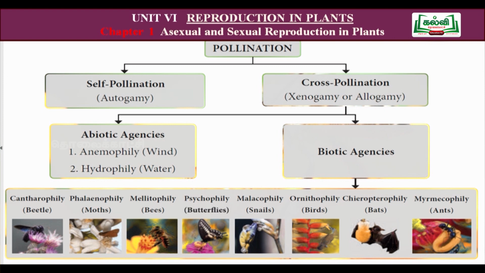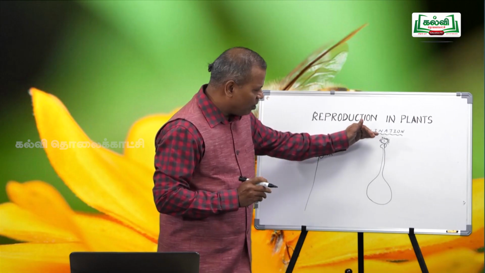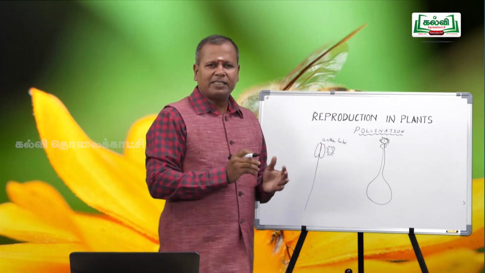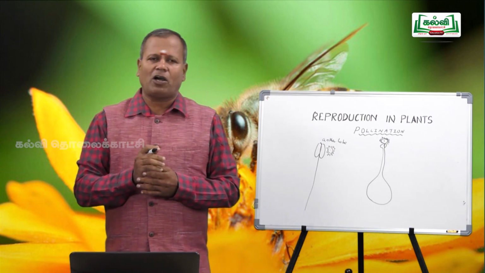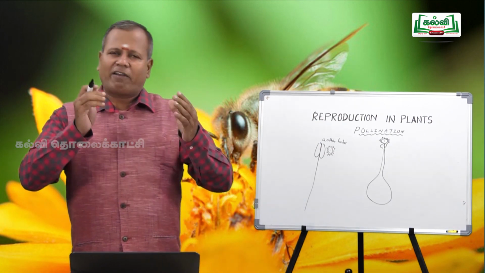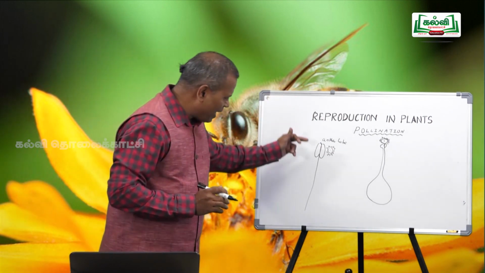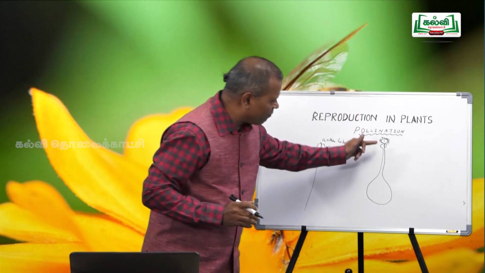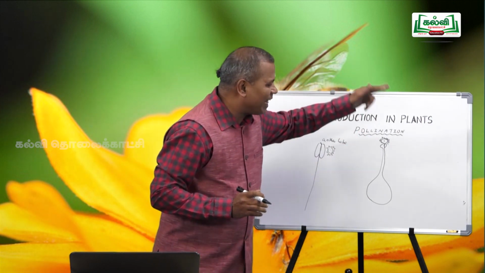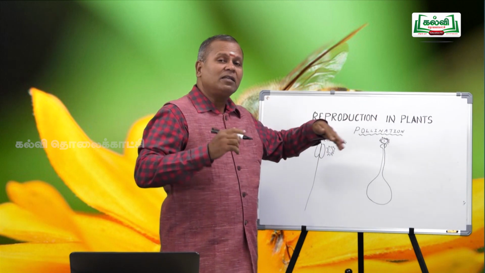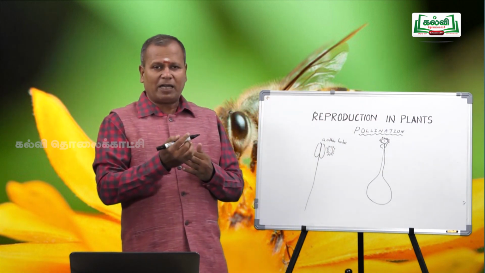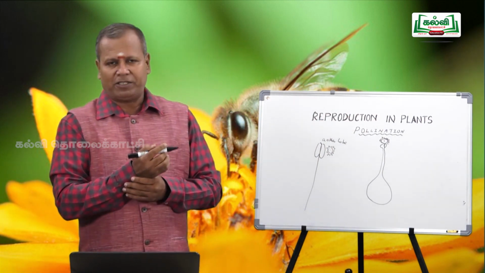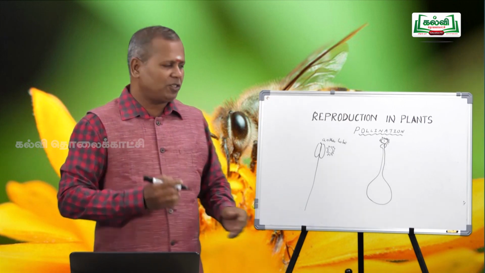Transfer of pollen grain from the anther lobe to the stigma of the carpel of the same flower is said to be self-pollination or autogamy. Transfer of pollen grain from the anther lobe to the stigma of the carpel of another flower of the same species, a different plant of the same species, is said to be cross-pollination.